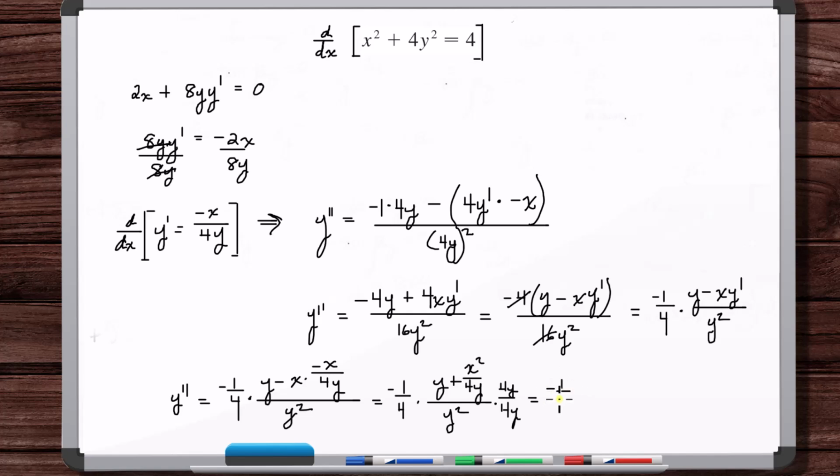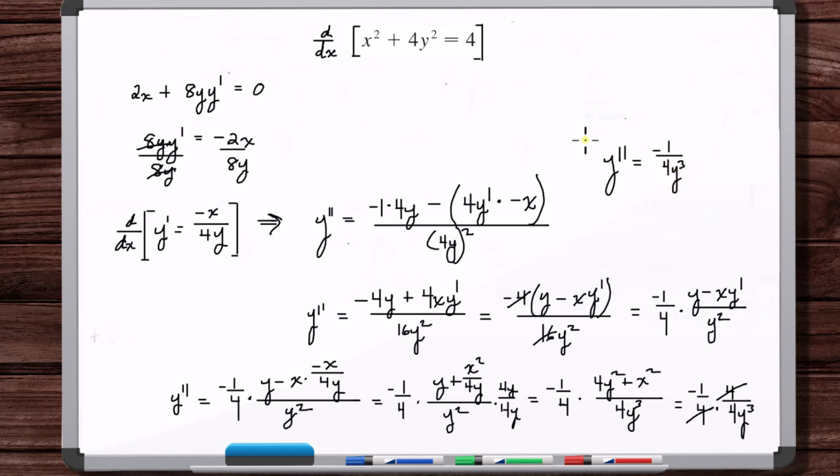So we've got, okay, but what we can see is that this 4y squared plus x squared, that's this. So we can just substitute, so what we're left with is y double prime is minus 1 over 4y cubed.